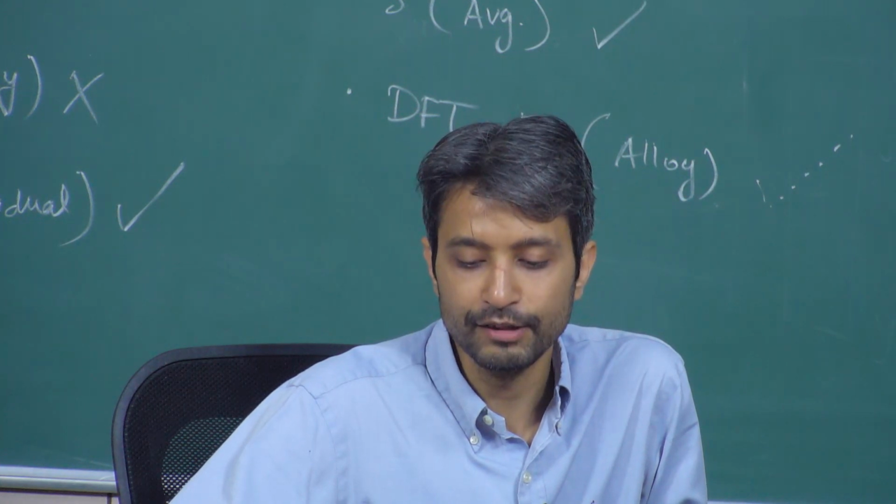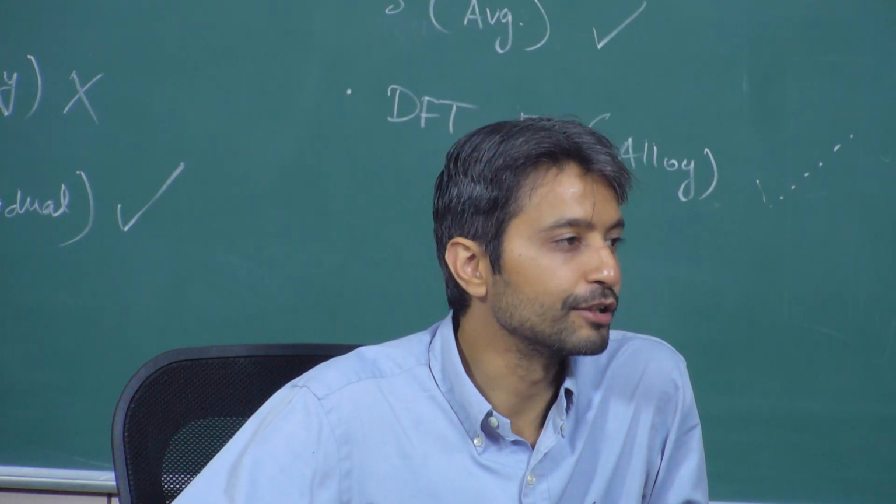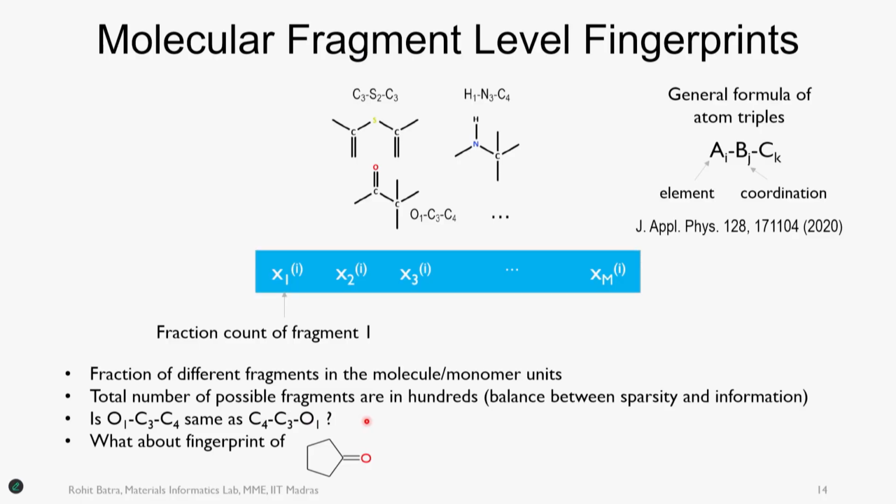Do you think this fragment is present as part of this molecule? So this will be C3. This one is O1 and you can take either one as C4 here, right? So this is present.